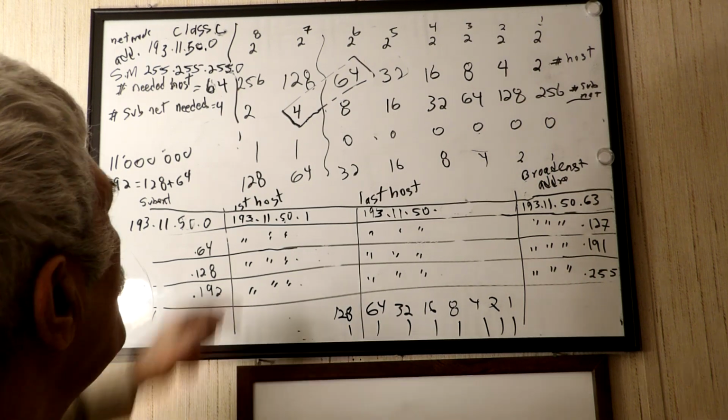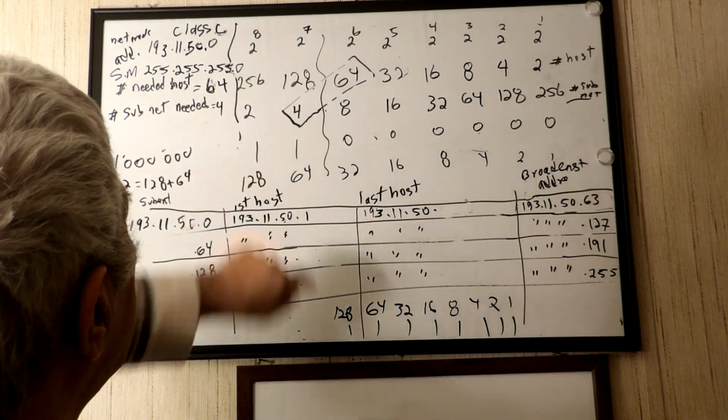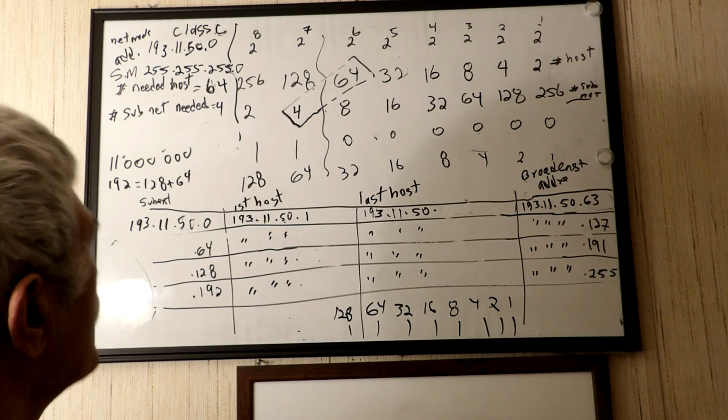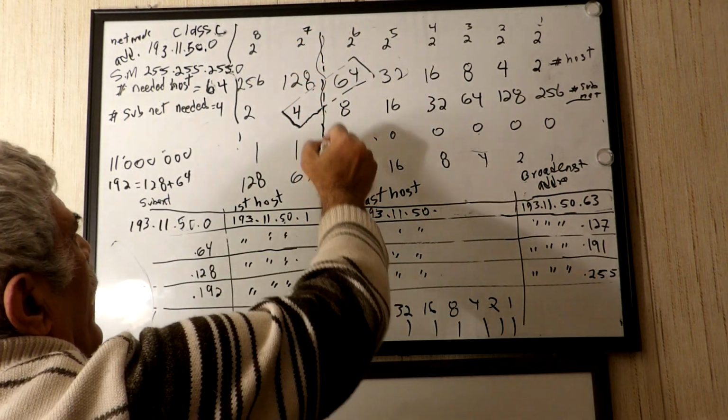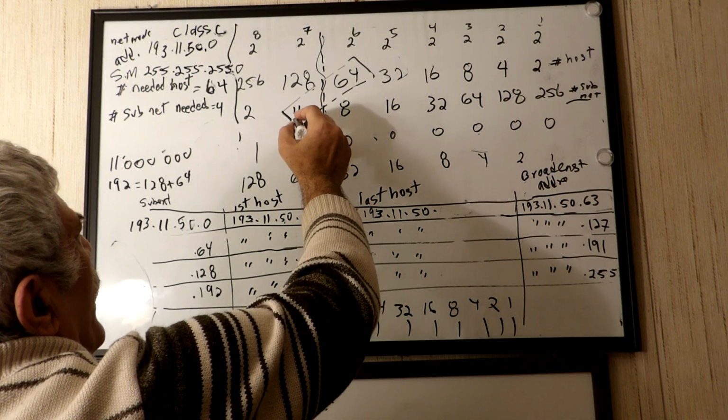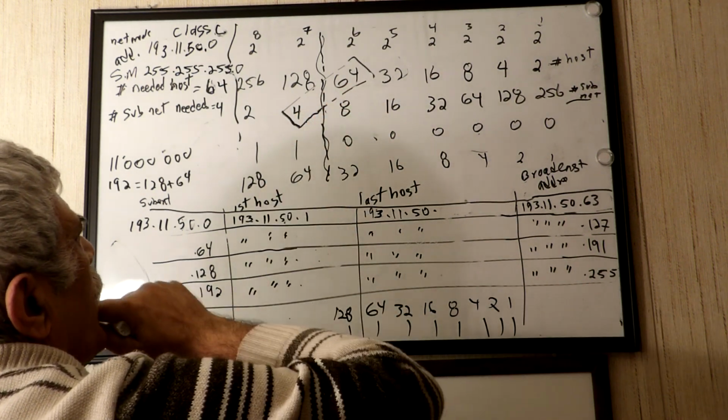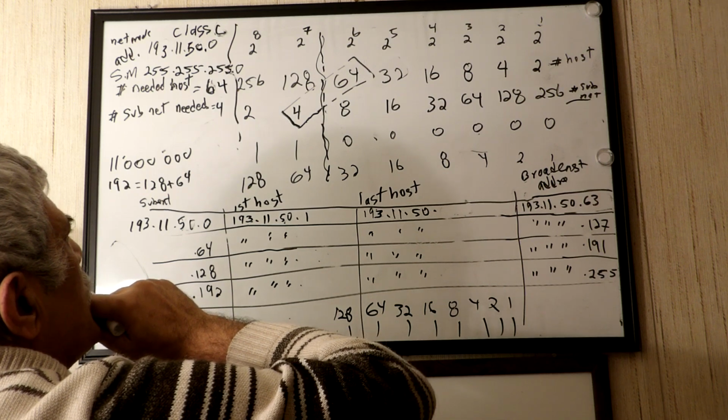So you write these tables and you draw a line here. You need 4 subnets, and there are 64 hosts in each subnet.